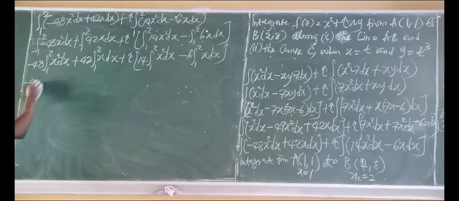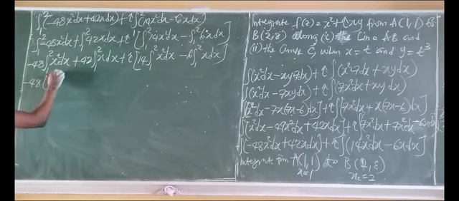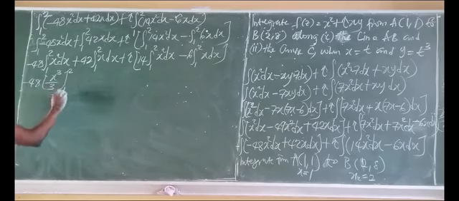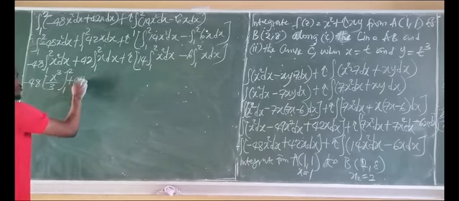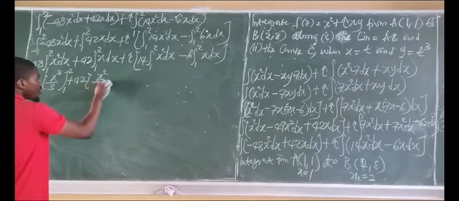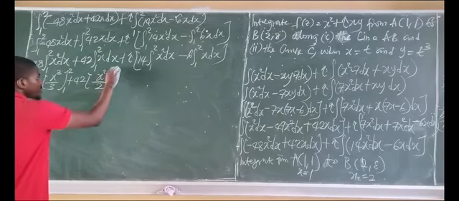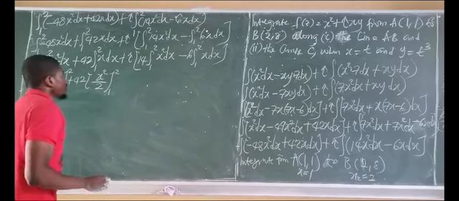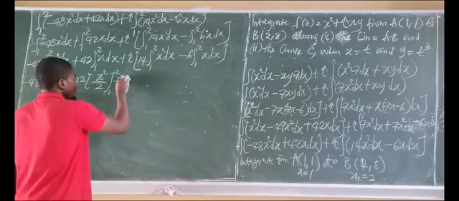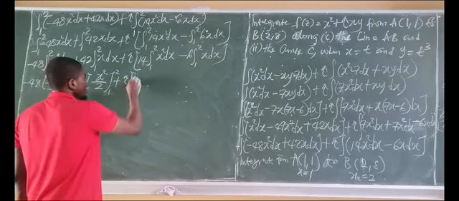You have minus 48. If I integrate x squared, I will have x to the power of 3 all over 3 from 1 to 2, plus 42. If I integrate x, I will have x squared all over 2 from 1 to 2, plus i into 14.